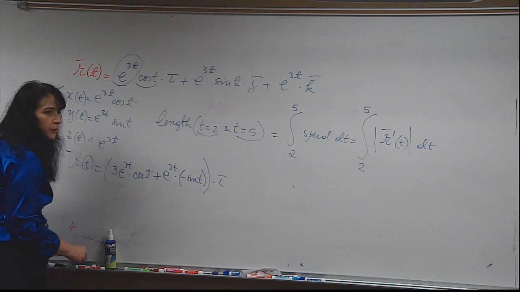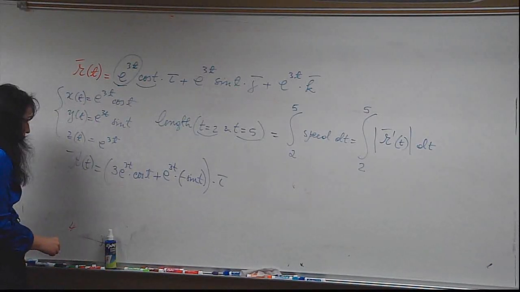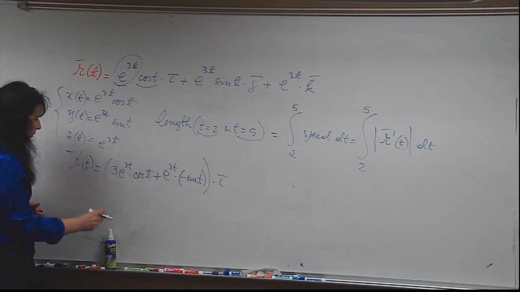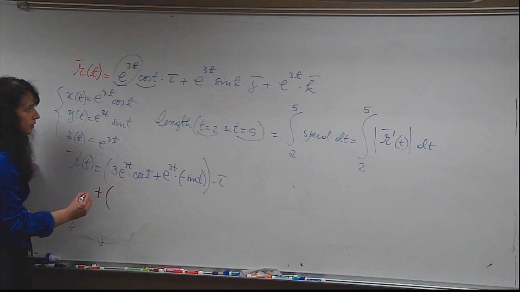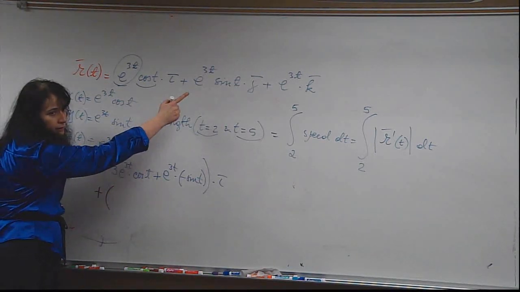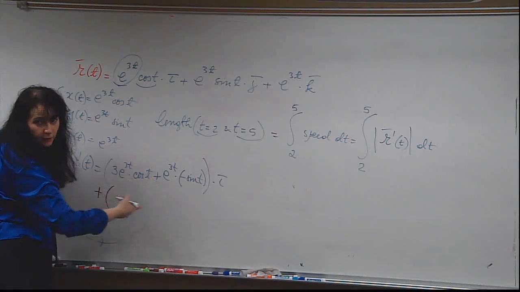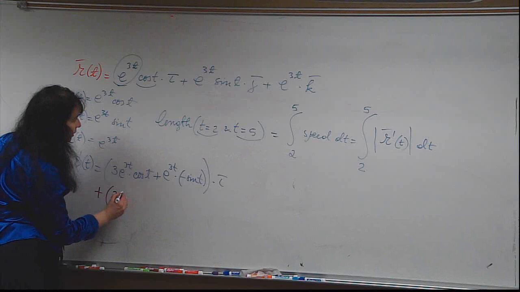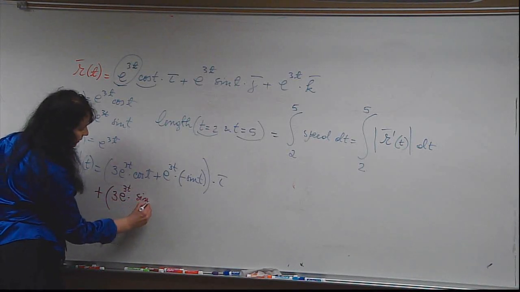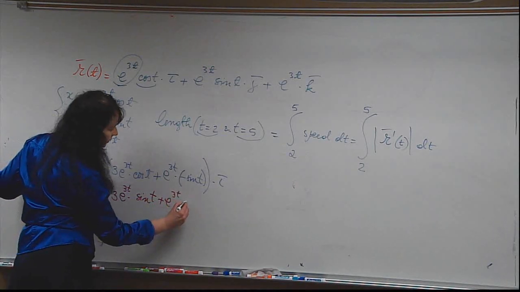Now, with your permission, you say, why is she not writing the whole thing in continuation? Because I want to help you see what's going on. You do the same kind of stuff for this individual. I want to put it right underneath. E to the 3t times sine t plus e to the 3t cosine t.